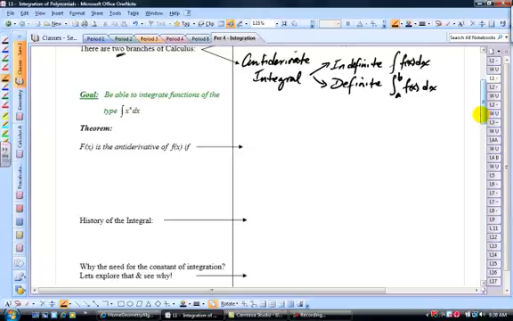Our first main theorem states that capital F of x is an antiderivative, or the integral, of a function lowercase f if, when you differentiate capital F, you get the lowercase function f of x for all x on the interval.